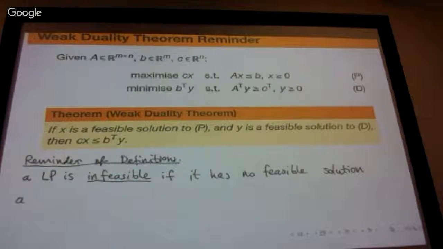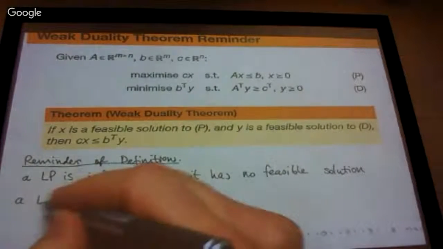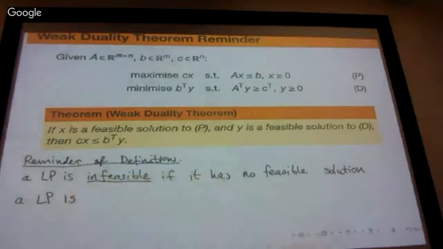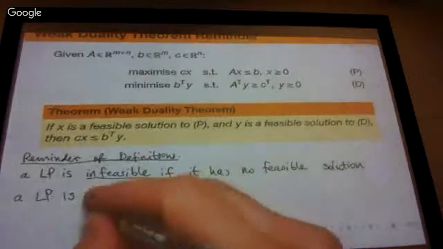And then, do you remember what was the second possibility for a linear program to have no optimal solution? I think it was one of the exam questions as well, maybe. Anybody recall? Yes, infinite. It was called unbounded. It's kind of infinite, but it's not really.